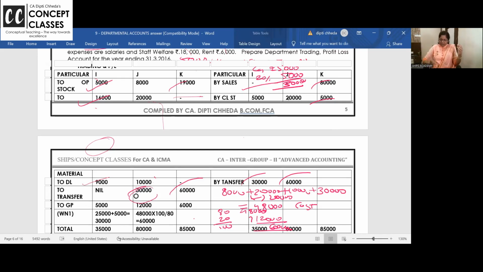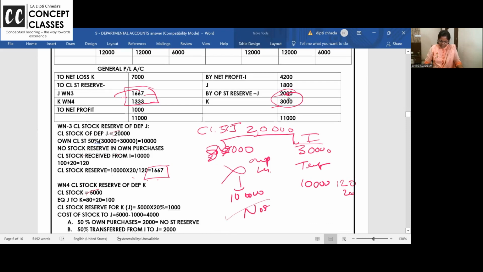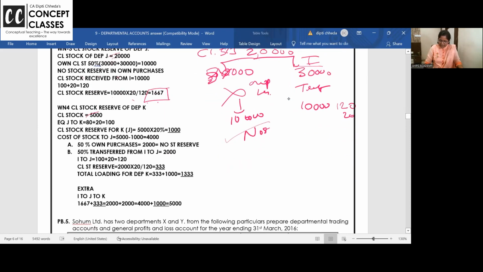So K is saying my stock is 5,000, which I have got from J. And loading is 20% in sales. So in 5,000 closing stock, 20%, 1,000 is the loading जो J ने K को दिया है.